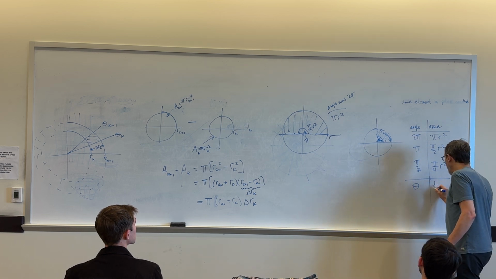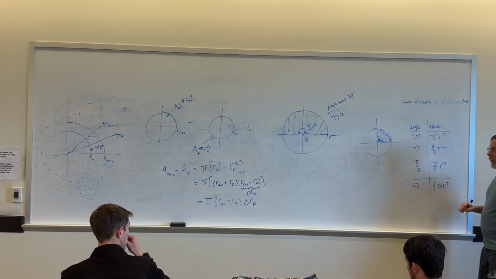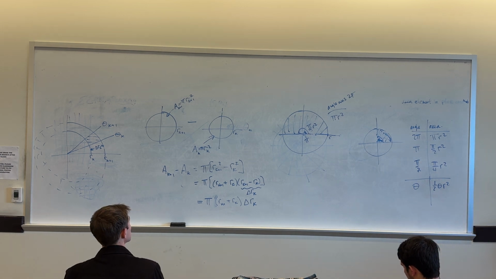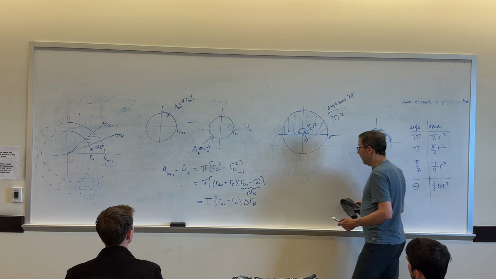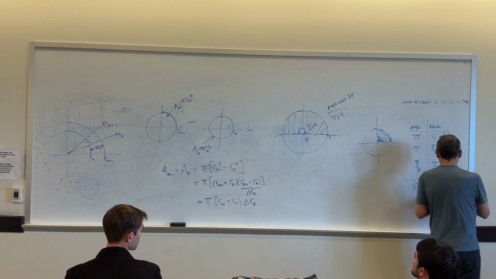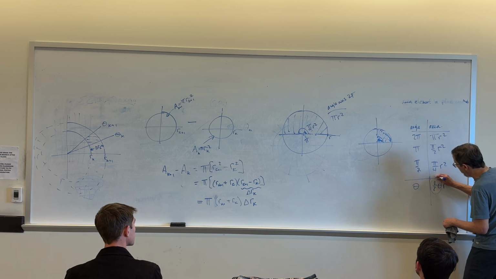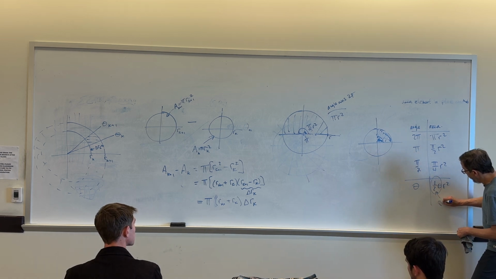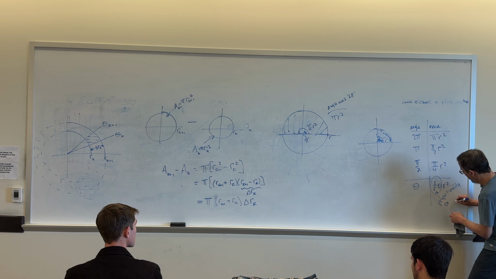So this would be 1/2 theta r squared. Now see if you see what I'm getting at there. This is the proportionality constant, the proportionality adjustment.